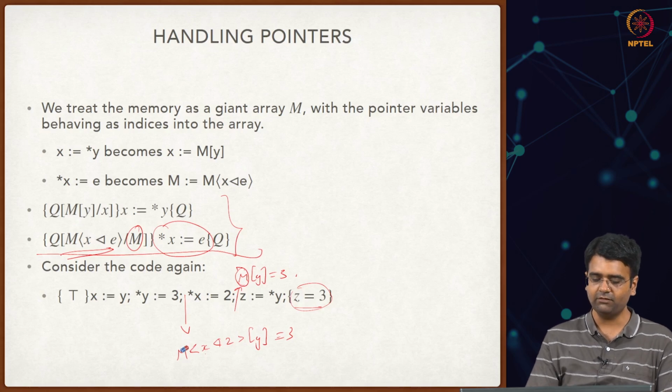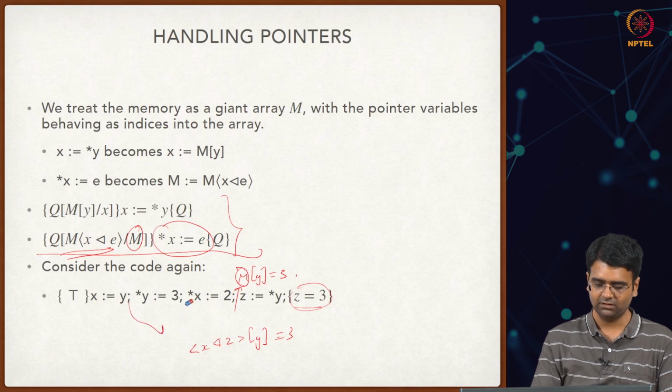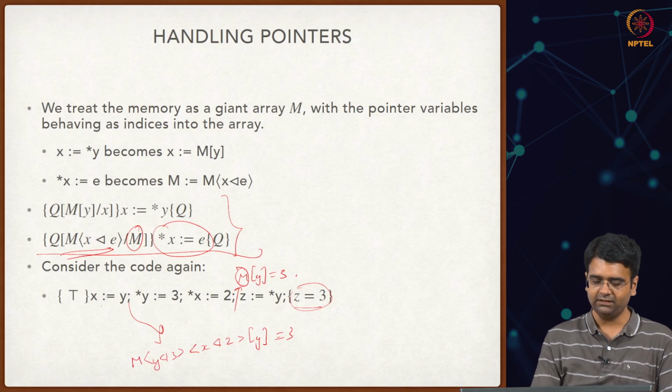Similarly, for star y equal to 3, we are going to replace m with the modified array where at index y the value is 3. And then we have x equal to y, which means that wherever I see x in this entire formula, I am going to replace it with y.